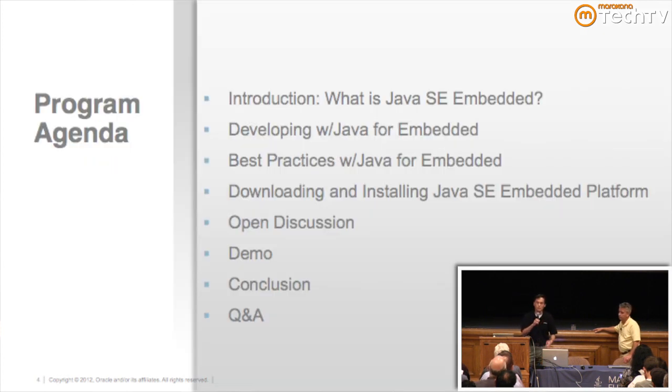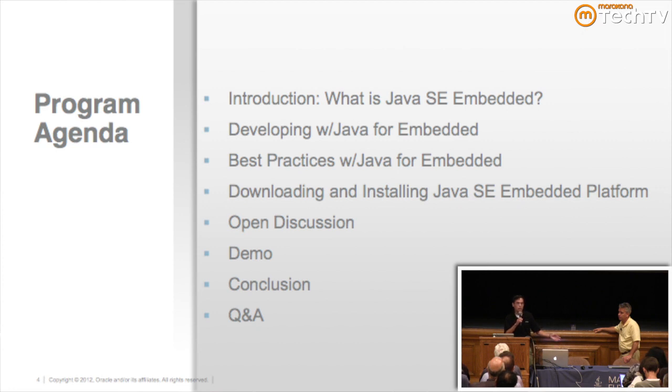Here's our agenda for today. We're going to go through an introduction. What exactly is Java SE Embedded? Then we're going to talk about developing with Java for embedded. All these fun devices, including robotics, including small boards that will be able to light up LED lights for you, or drive servo motors for you, or do all kinds of fun stuff. What are the best practices with Java for embedded?